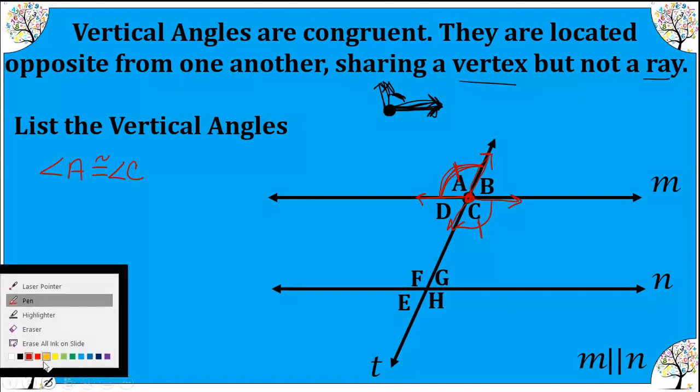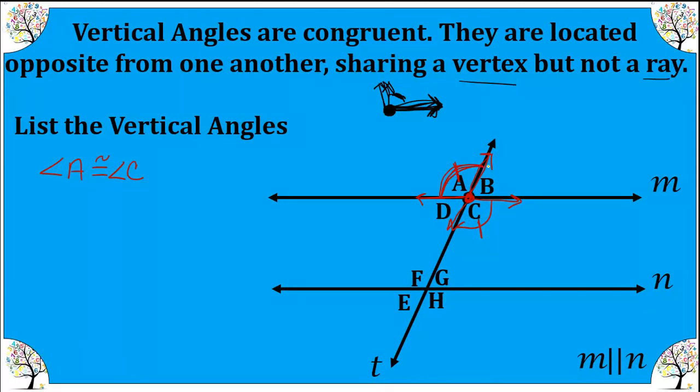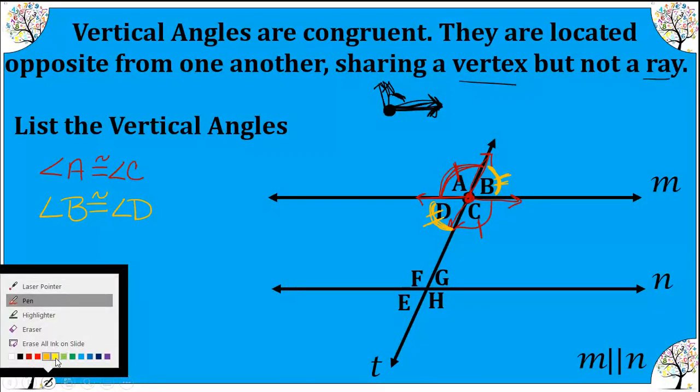Now let's take a look at angle B. Angle B is vertical to angle D. They equal each other. They are congruent. So let's list this. Angle B is congruent to angle D. I know that doesn't show up very well.